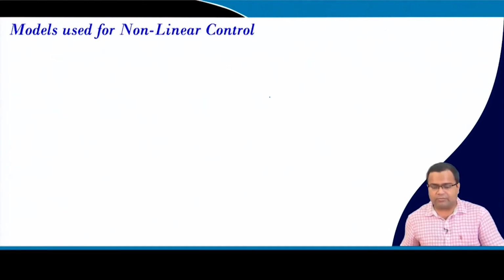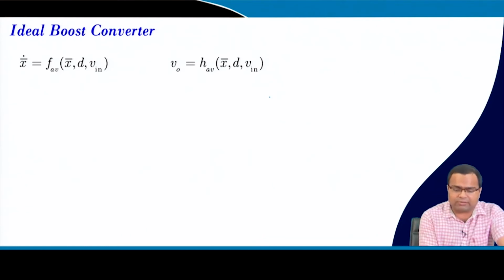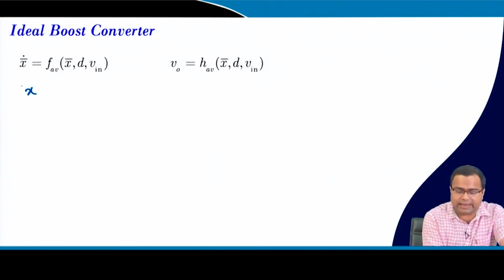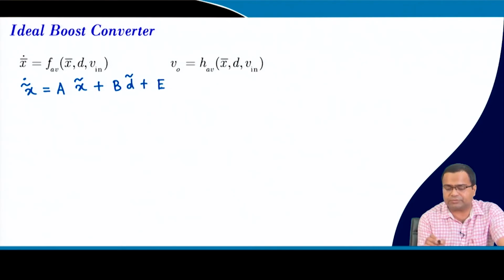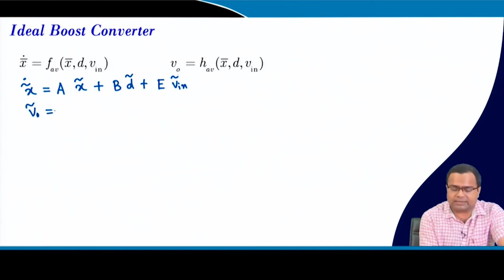Now, what I am trying to get is x tilde dot of a boost converter, which is A into x tilde plus B into d tilde, and if you also want to include the input voltage perturbation, v in tilde, okay, then V0 tilde is simply your x2 tilde.